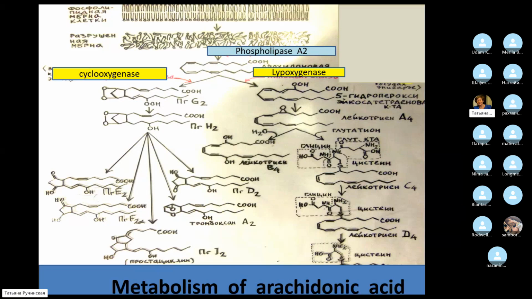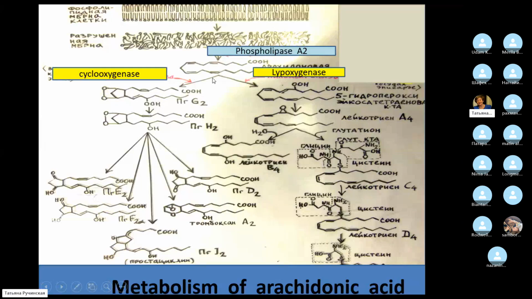Arachidonic acid drops from phospholipids into the cytoplasm, where there are two enzymes, cyclooxygenase and lipoxygenase.